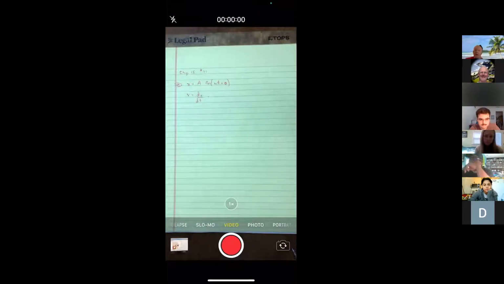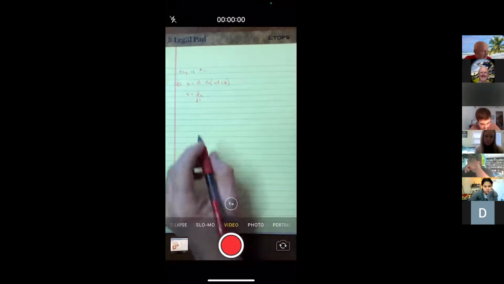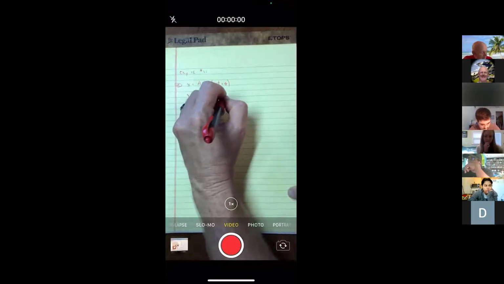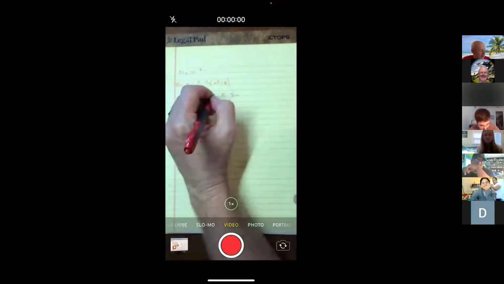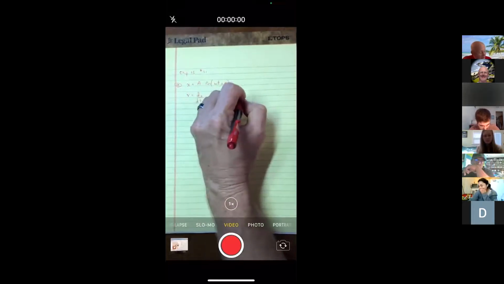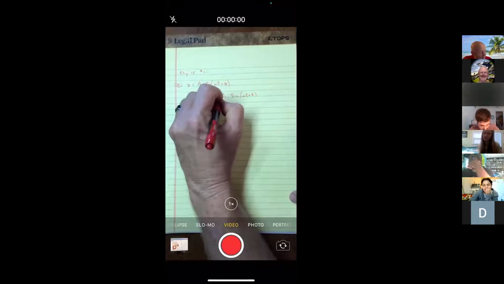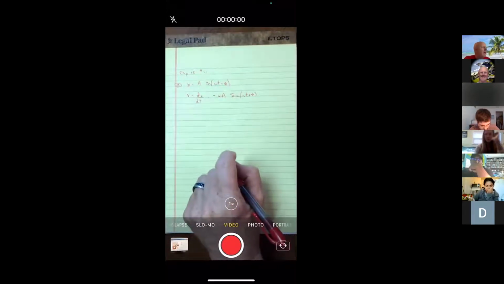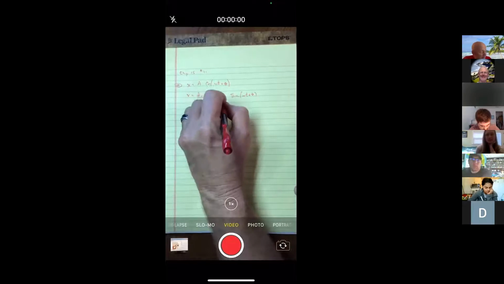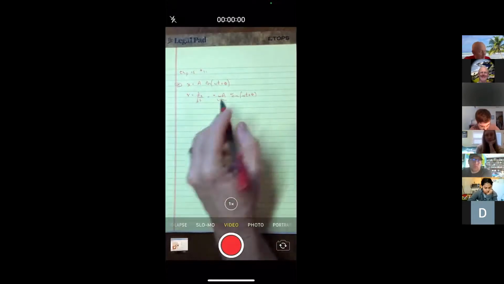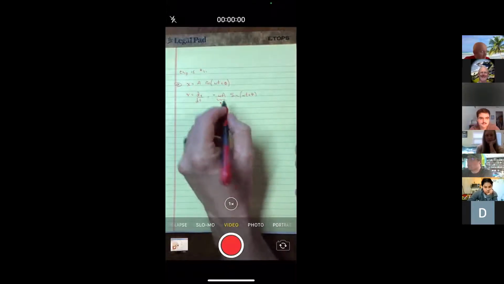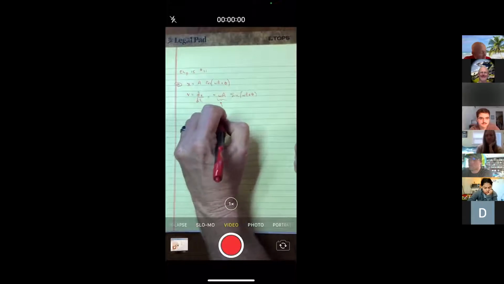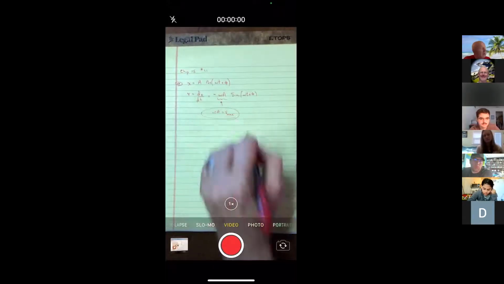Taking the derivative of that gives us the velocity, and the derivative of a cosine is a negative sine function, and the chain rule would bring the omega. And what the author worked out here is that since the sine function goes up and down between plus or minus 1, the omega A out in front would be the biggest the speed ever gets.